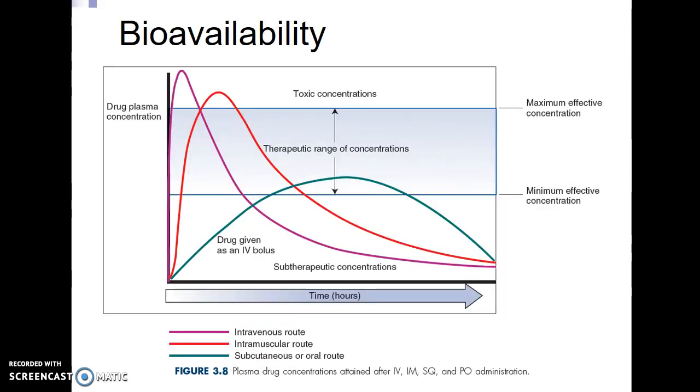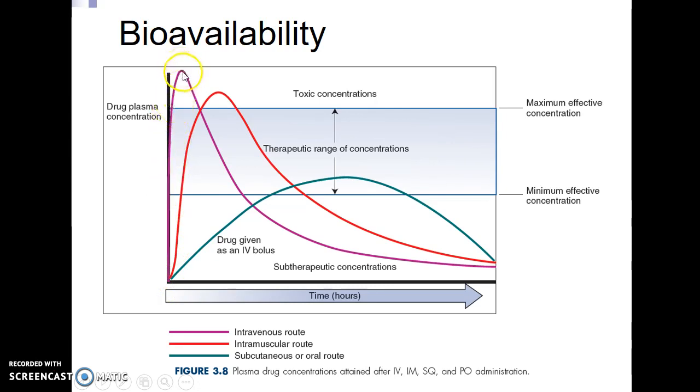This is a graphical representation of bioavailability. And you can see we have 3 different lines. This is the IV route in purple, and intramuscular, and this is subcutaneous or oral. So the thing that you note about the IV route is our blood plasma concentration goes up very fast.